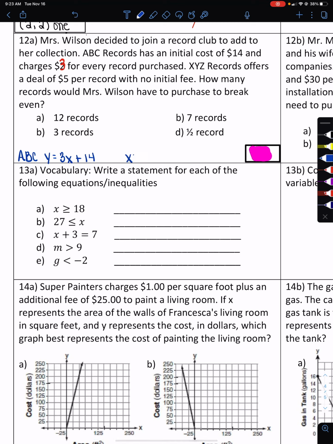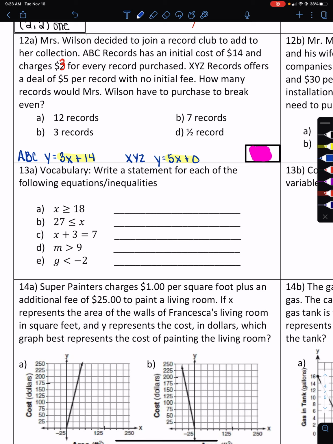The XYZ store, their equation is going to be y equals 5 times however many records she buys, and there is no initial fee. Okay, so what we're going to do is set those two equations equal to each other. Since y equals y, then it must also be true that 3x plus 14 is equal to 5x plus 0.